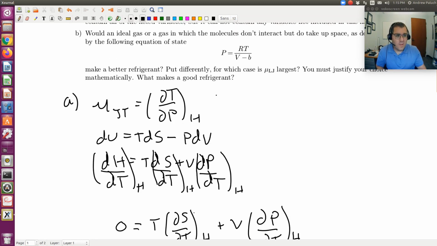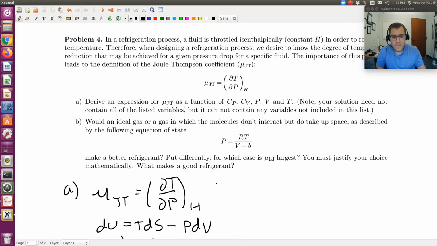Okay, so then the other light bulb that goes off in my head is when I look at this. Here I have dT/dP at constant H. So looking at this, it would be great if I had an expression for H with independent variables T and P. And that light bulb goes off because by this point we've derived an expression for the differential of H with independent variables T and P several times.